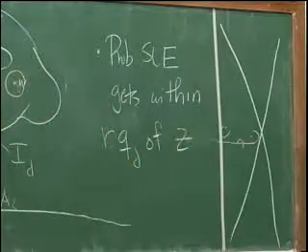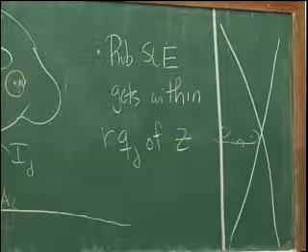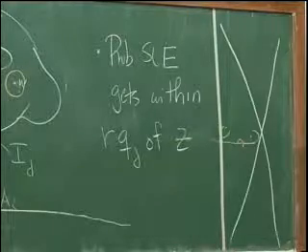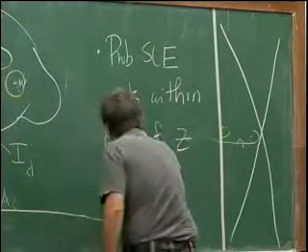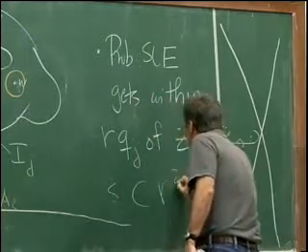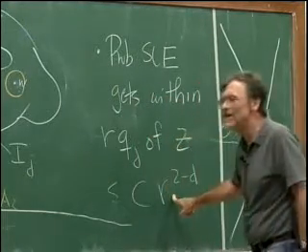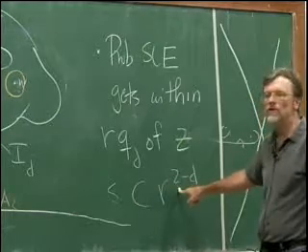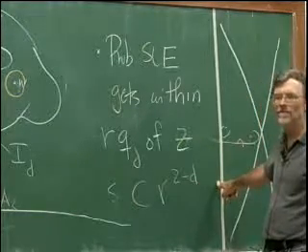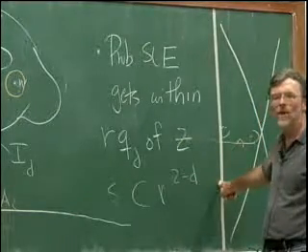And that's certainly less than or equal to a constant r to the 2 minus d, because it's actually a constant r to the 2 minus d times a sine term. And I'm just going to estimate that sine term by 1.